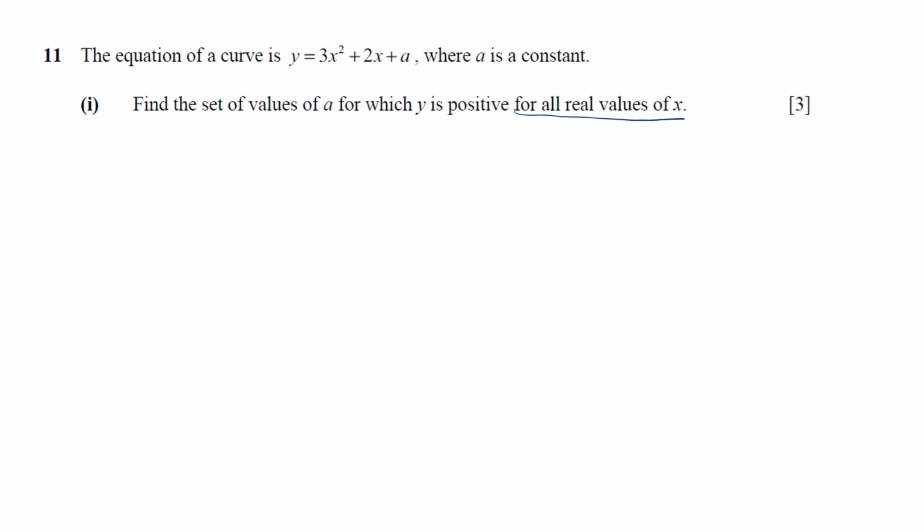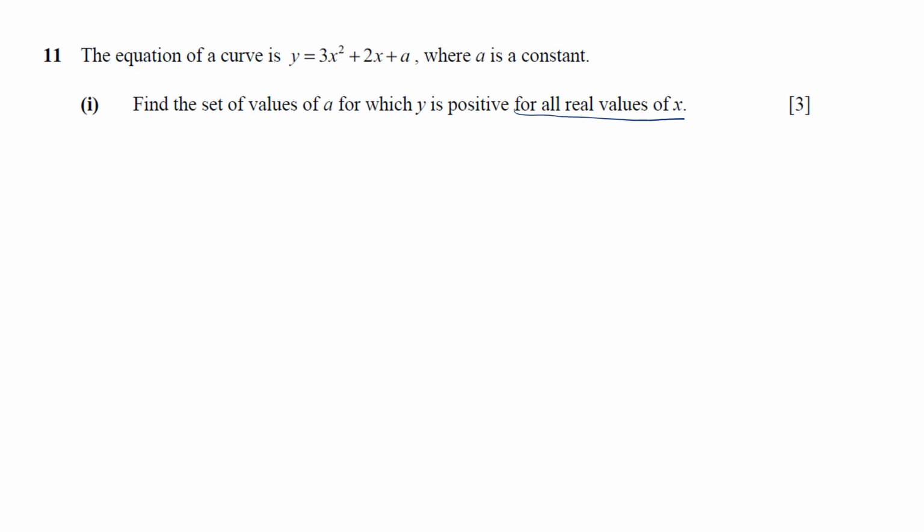All real roots has nothing to do with all real values of x. When they say all real values of x, it means I can substitute x to be any value on the x-axis. When you draw your curve, you have the x-axis and the y-axis, right? All real values of x means your x can be any value here. Basically, don't confuse it with real roots or no real roots.